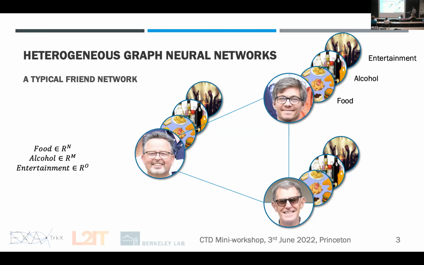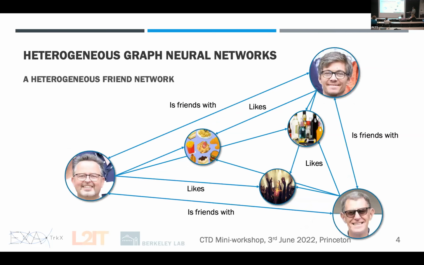And it begs the question, how do you do your regular graph neural network? At the end of the day, it ends up looking something like incorporating that information as a node in itself. And so in this case, now we have participant or friend nodes, people nodes, but we also have other concepts as nodes that don't really fit into the same node type. So we have an alcohol node, an entertainment node, a food node.